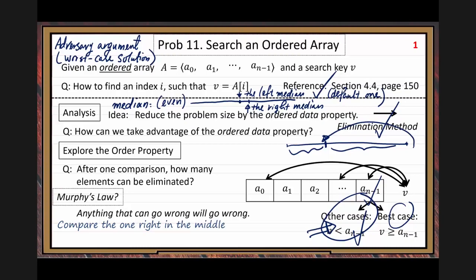Don't use it here. Here we are in the computer science context. In math, probably it's fine, but in computer science we cannot use that way.